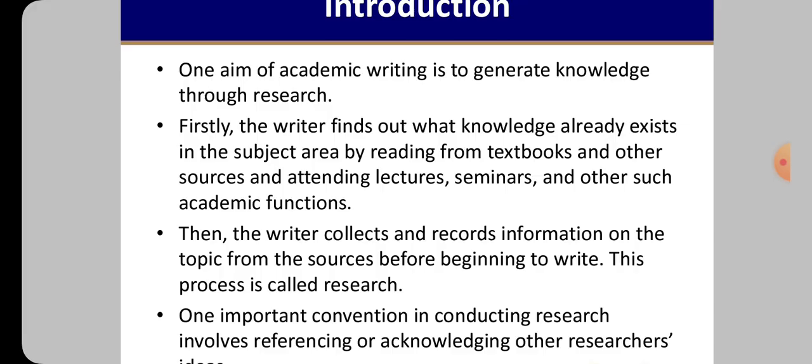One aim of academic writing is to generate knowledge through research. So everything we do is through research. I think this semester, or maybe the moment you get to level 300, especially those of you doing political science, they will be giving you some 10 papers to write, and then some of you will be starting your long essays and stuff.